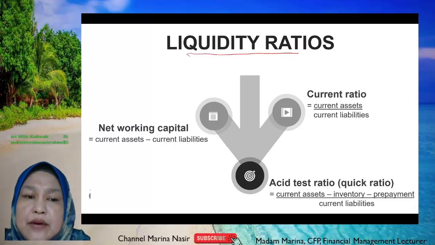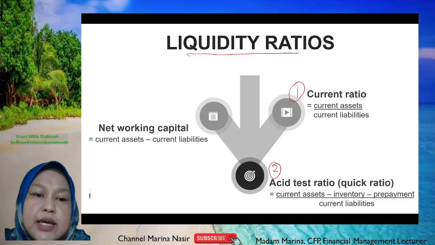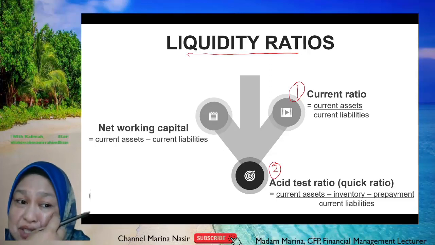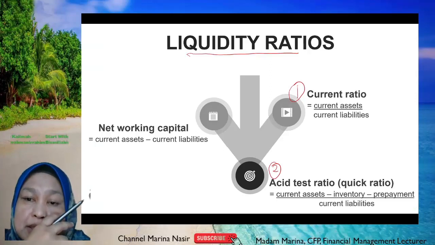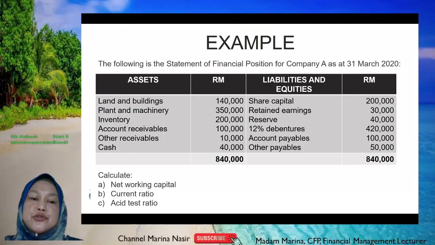We have two ratios actually. The first ratio is the current ratio. The second one is the acid test ratio. The net working capital is just a calculation of the net working capital. So we move to an example of how to calculate each ratio.